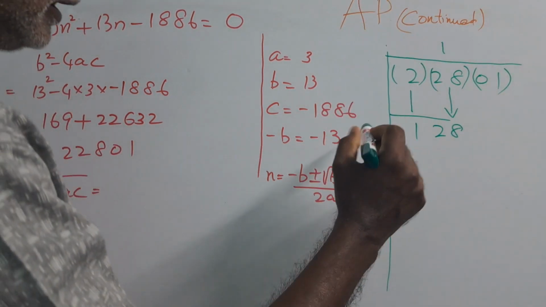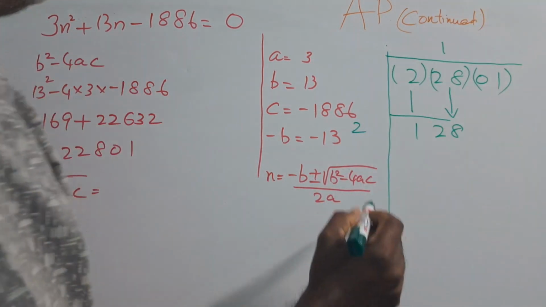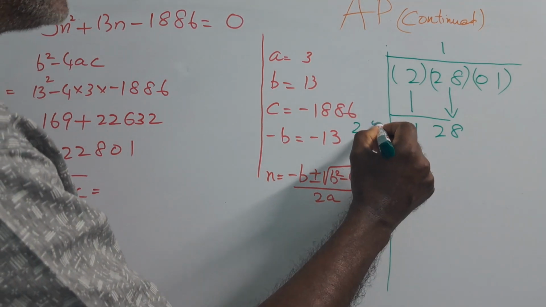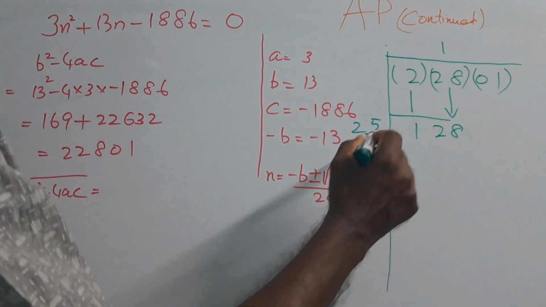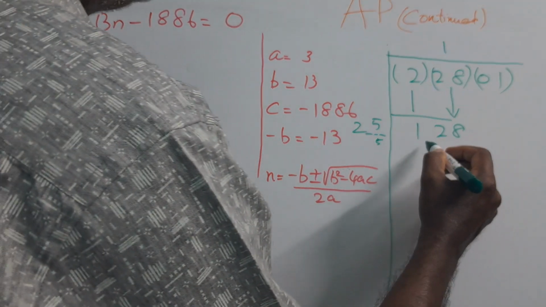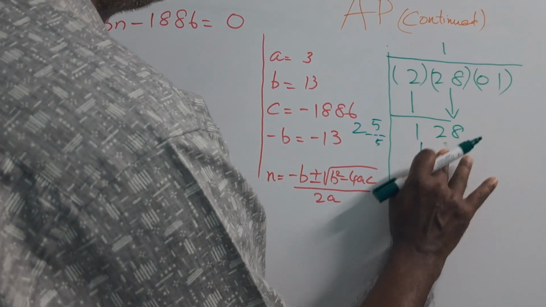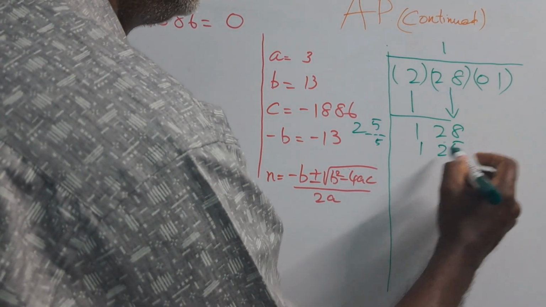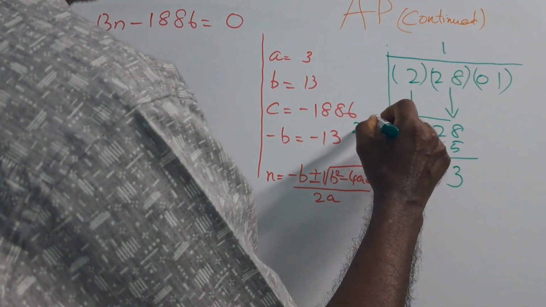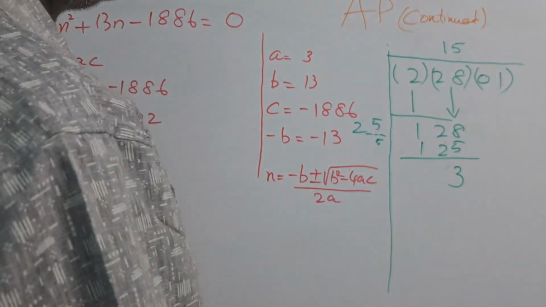We have now 128. Now double whatever number that comes here. Here 1, 1 into 2, 2. Now add a number and multiply by the same number. Here 5 suits. 25 into 5, 125. Again subtract, we get 3. The number we added is 5, so write 5 here.